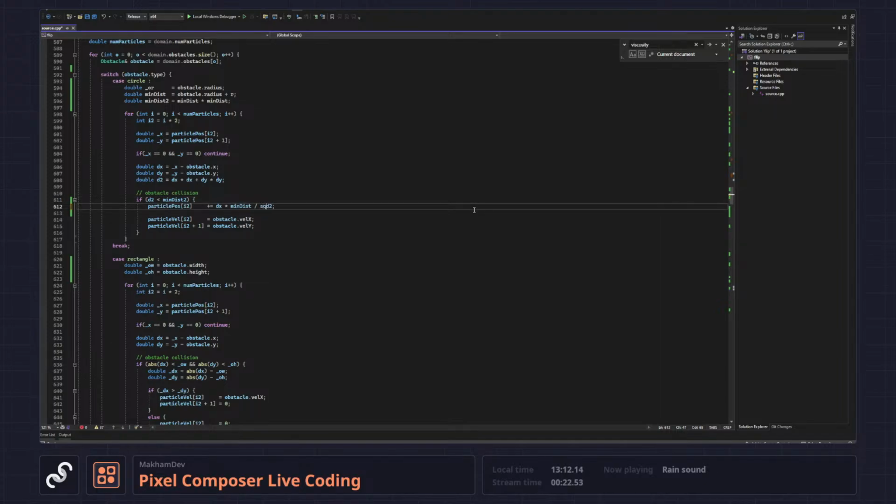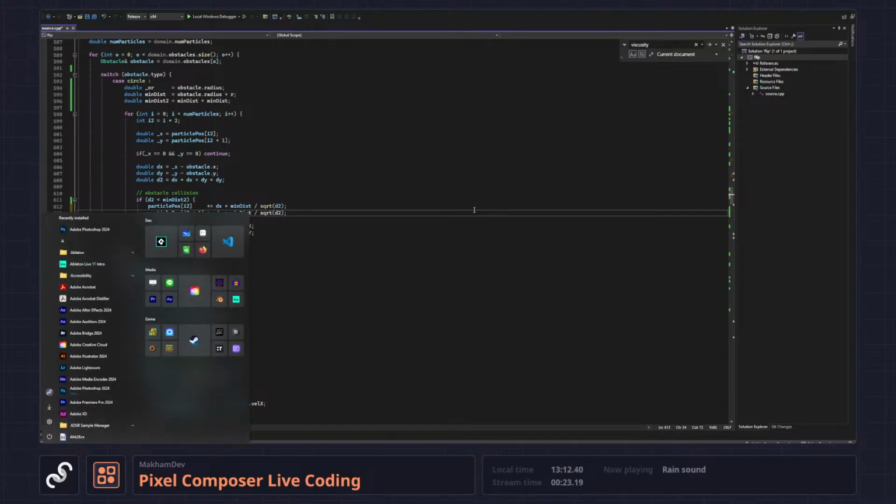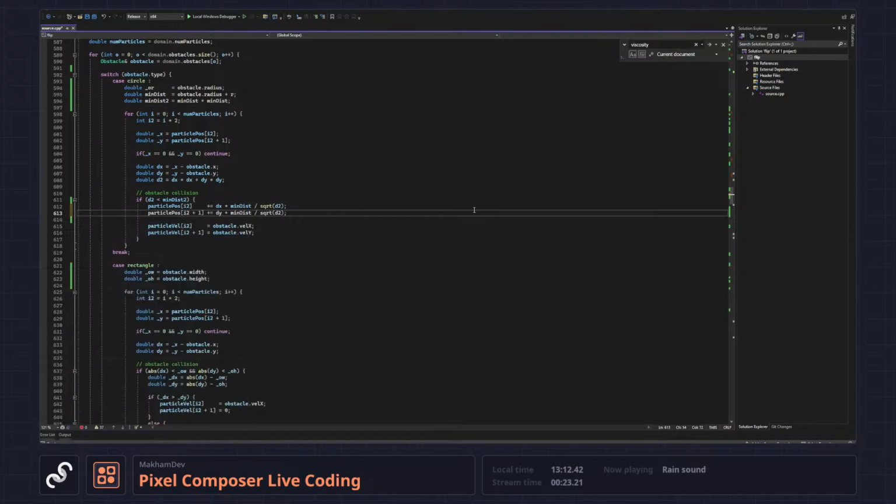But it has to divide by the square root of this. This will not be efficient, or the square root is quite slow. The same thing with dy, right?